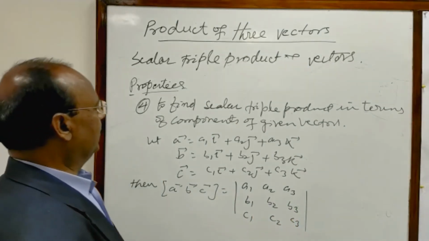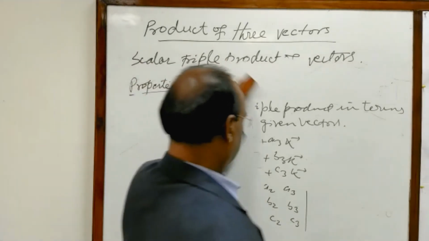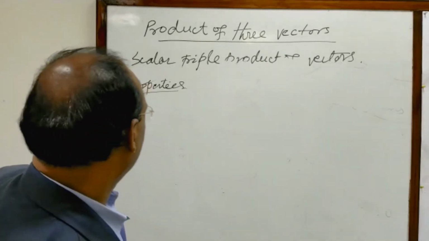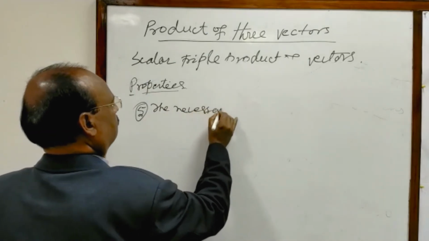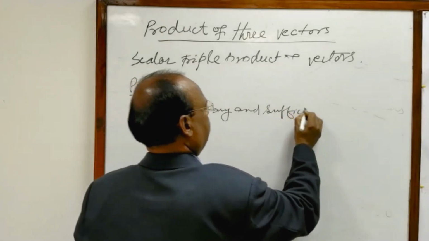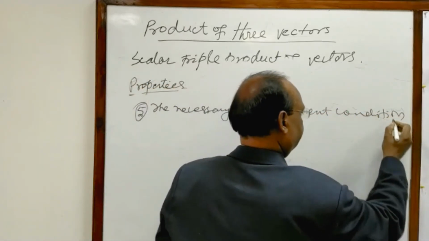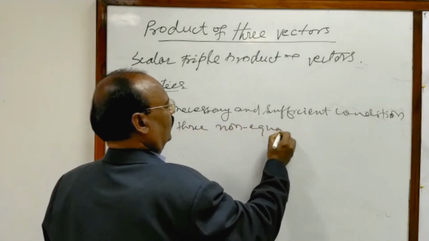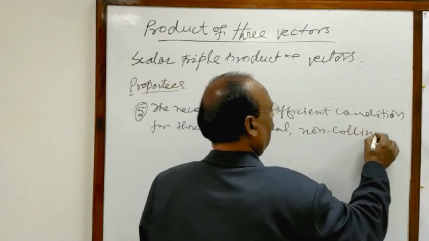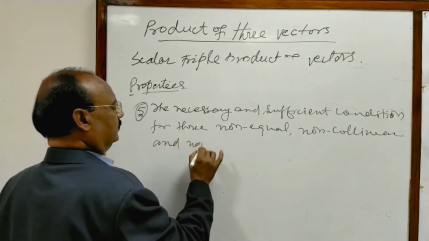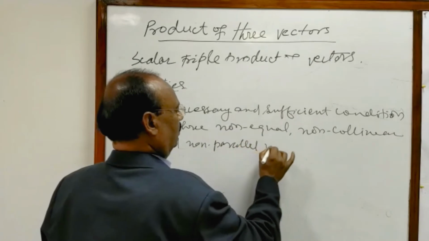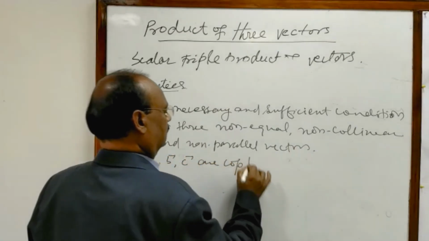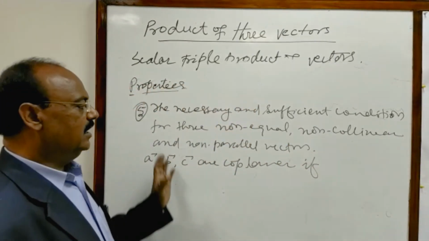And finally, last property, the necessary and sufficient condition for three non-equal, non-collinear and non-parallel vectors A, B and C to be coplanar is that the scalar triple product will be 0.